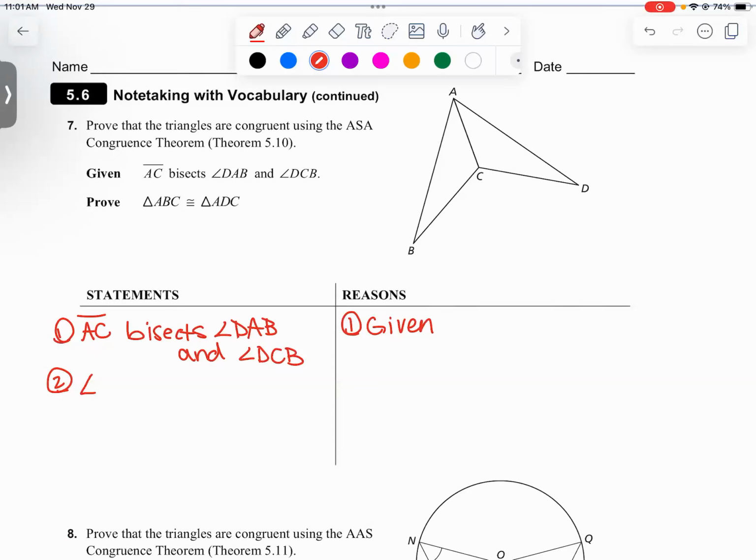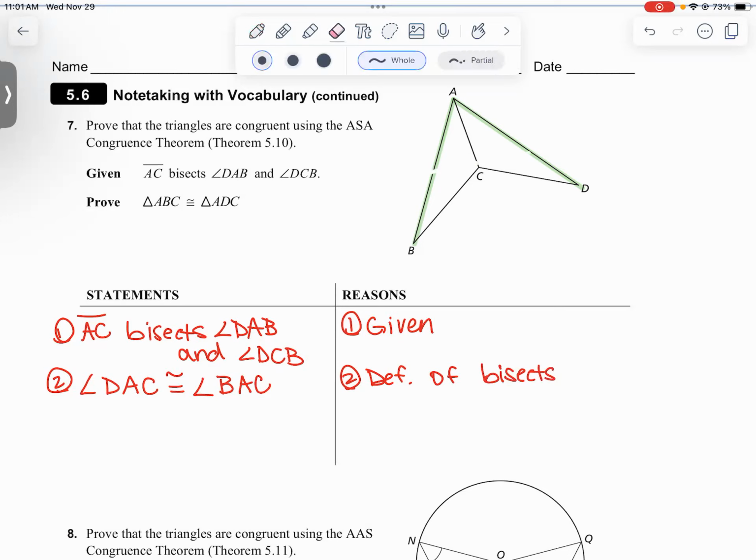Let's talk about which angles. Okay, you said DAC and CAB. So angle DAC and angle BAC, because of our definition of bisector.